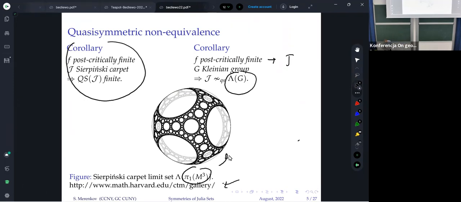There is this nice, beautiful limit set. Okay, so they cannot be quasi-symmetric to each other, even though they are topologically the same.